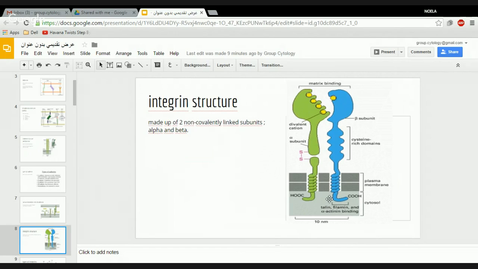The next type of CAM that we're going to talk about is integrin. Integrins are adhesion receptor glycoproteins. They bind to the extracellular matrix adhesion molecules.